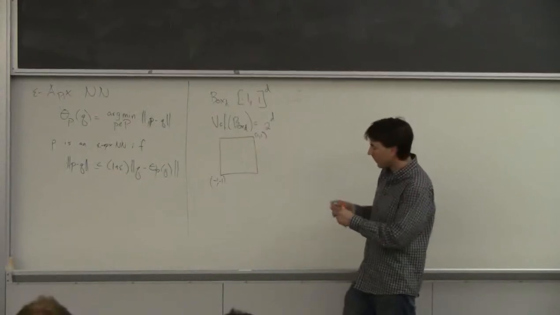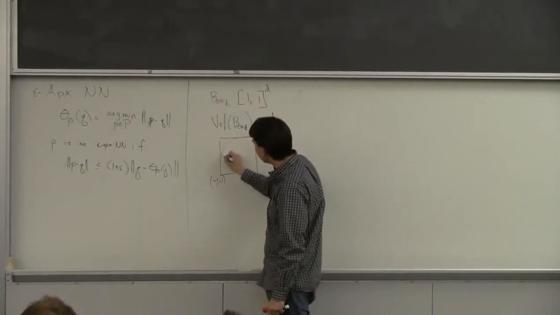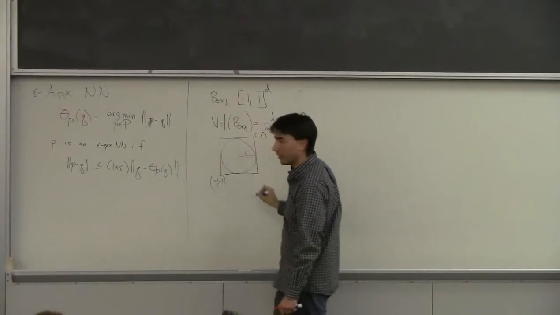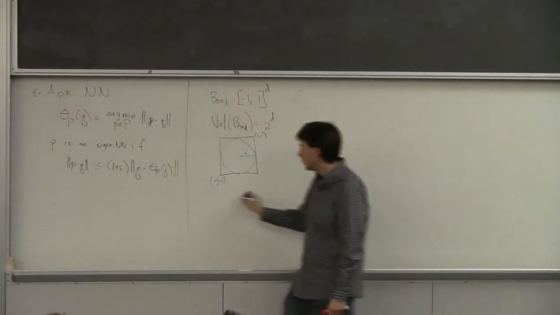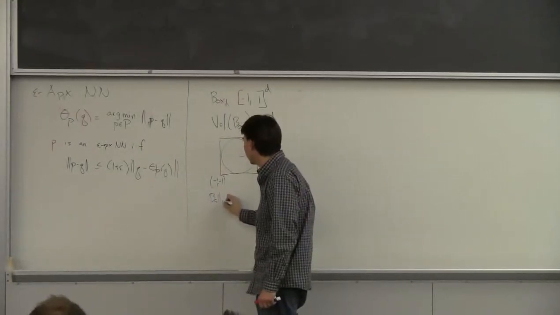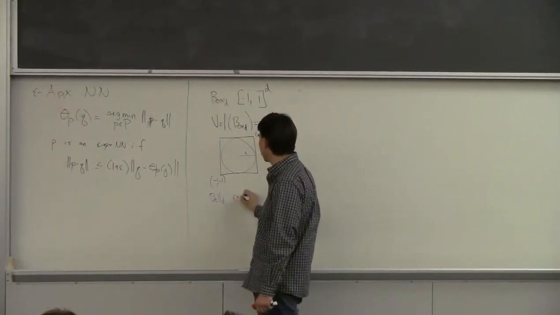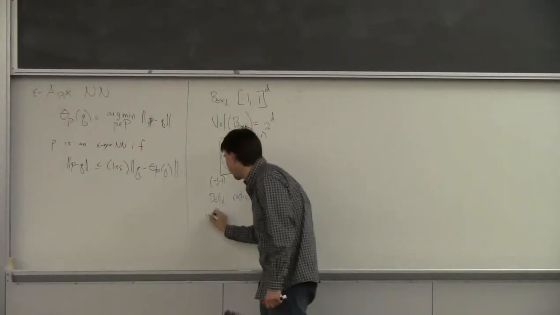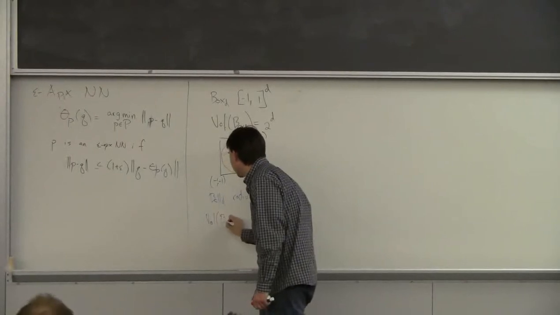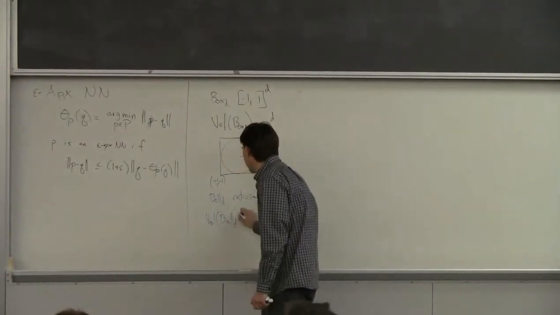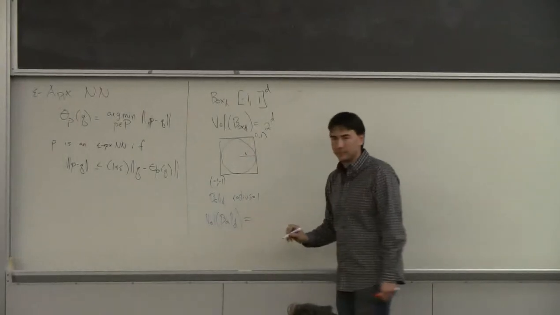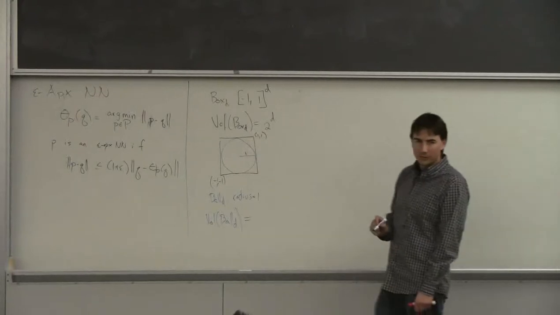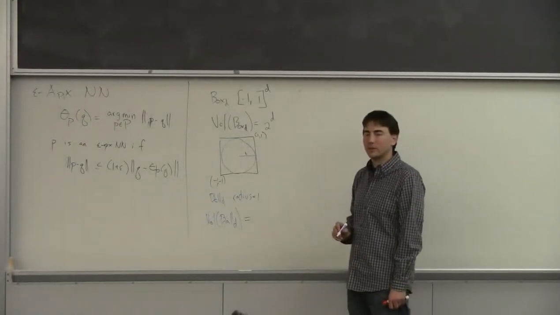Now let me draw the largest ball that fits inside of it. This is a ball where the radius is 1. Let's call this ball of d, which is going to have radius equal to 1. So what is the volume of the ball of d?